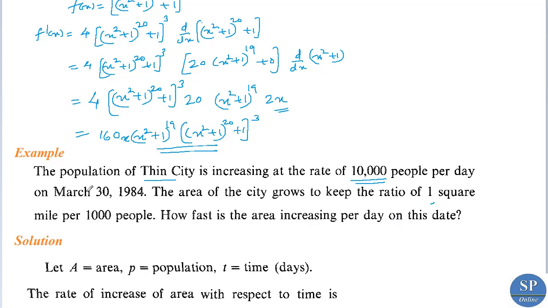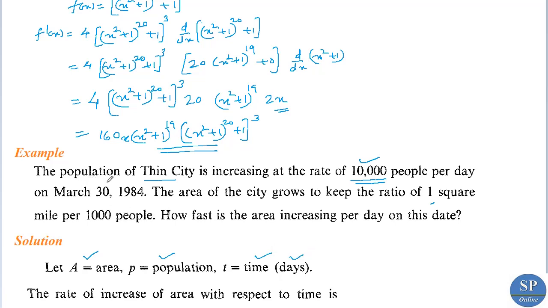Here we are given that the population of the city is increasing at a rate of 10,000 people per day, and the area grows to keep the ratio 1 square mile per 1000 people. Let A be area, P population and t time in days.